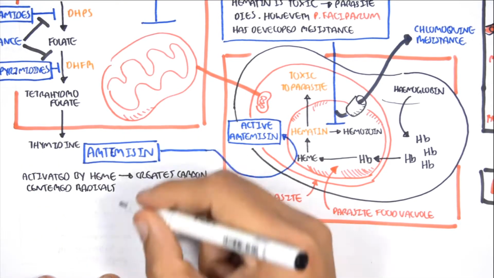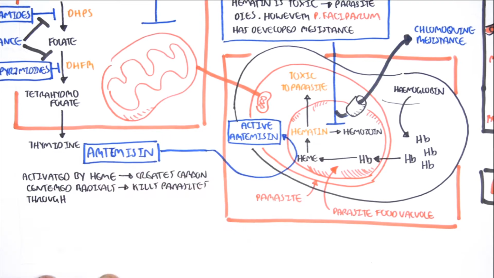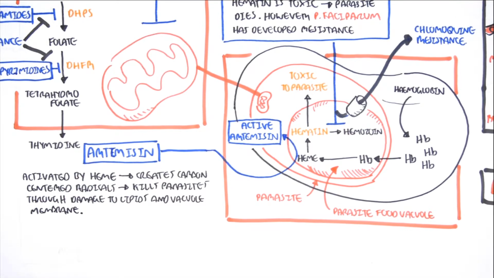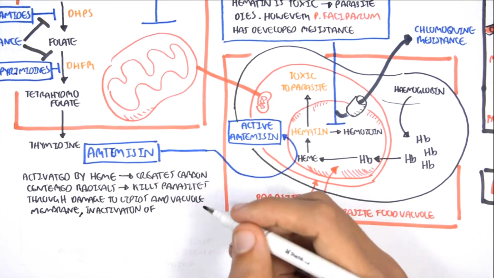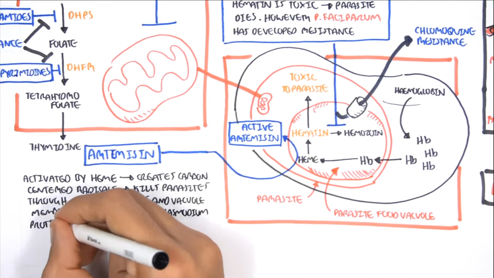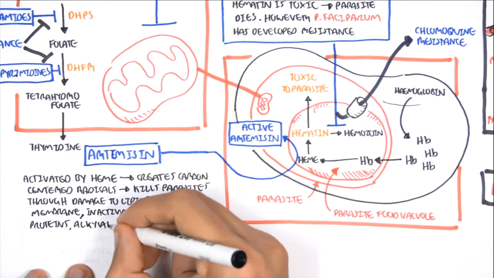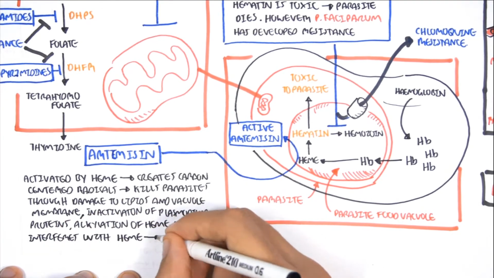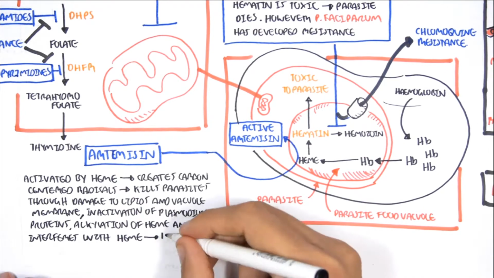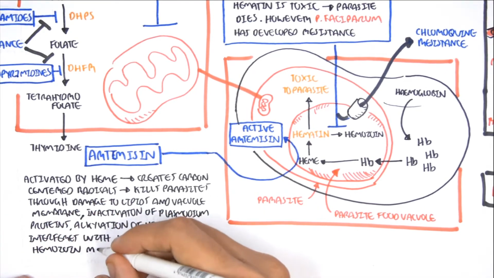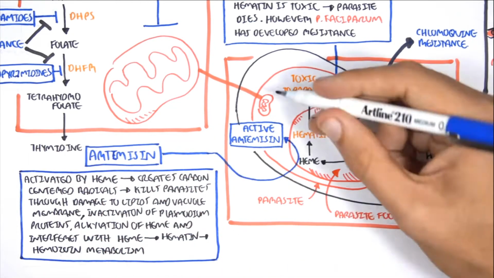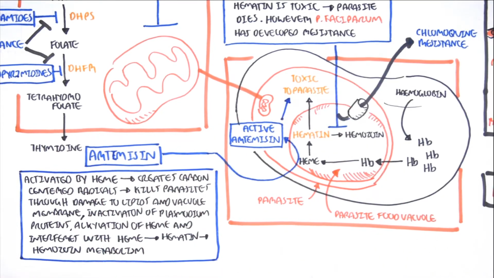The free radicals formed kill the parasites in several ways. These free radicals will kill the parasites through damage to their lipids and vacuole membranes, or they will inactivate the Plasmodium proteins, alkylation of heme, and also interfere with the conversion of hematin to hemozoin. Thus, it will increase hematin in the parasite, which is toxic to the parasite. So all in all, active artemisinins are toxic to the parasite.